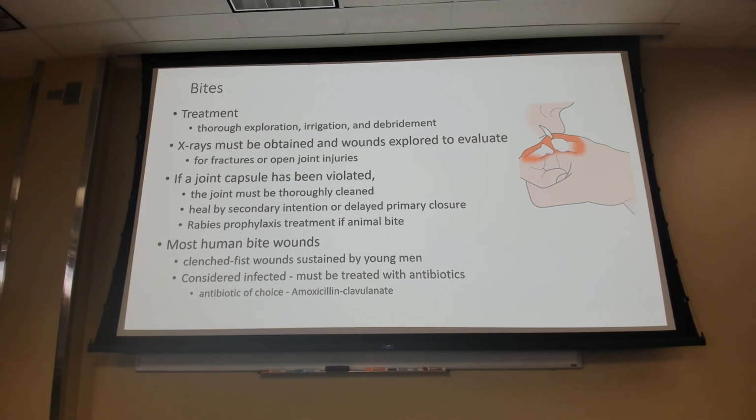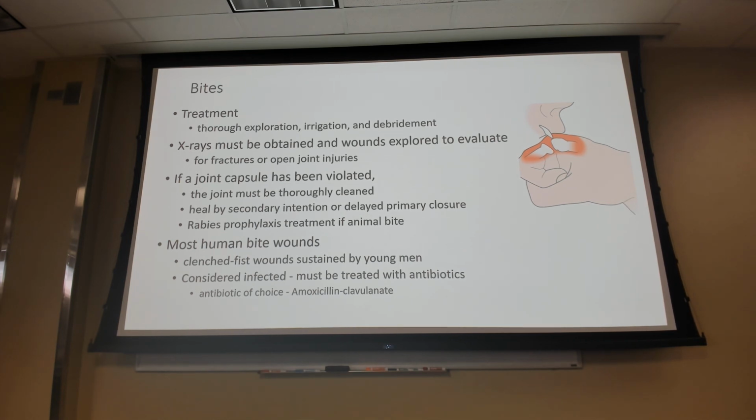And when we say quarantine, it's typically as long as they know whose dog it is and can watch it for the next 10 days and it's still acting normally and hasn't expired, then typically we don't have to give them rabies prophylaxis. But that's obviously a decision you have to share with your patient and come up with the best option, because sometimes it's just some stray dog and you don't know.